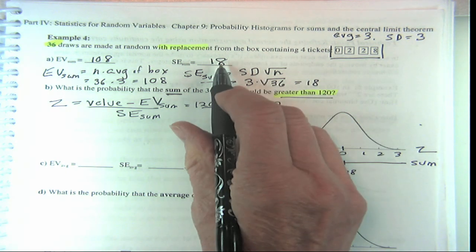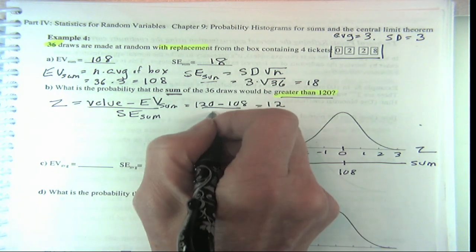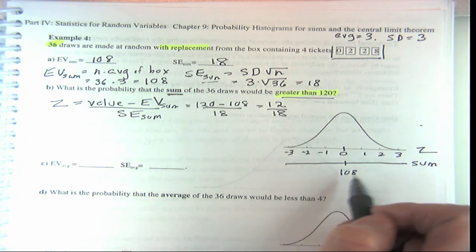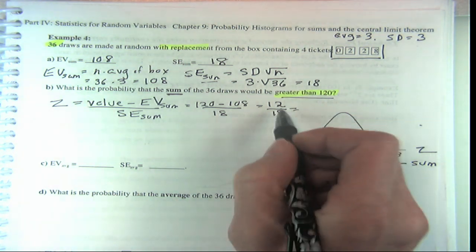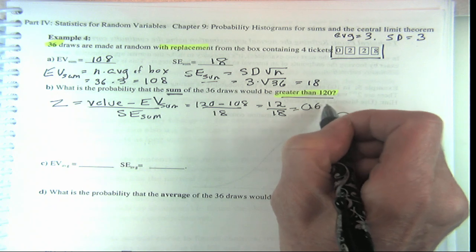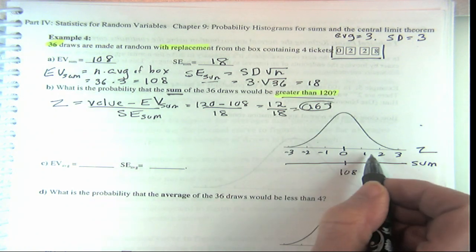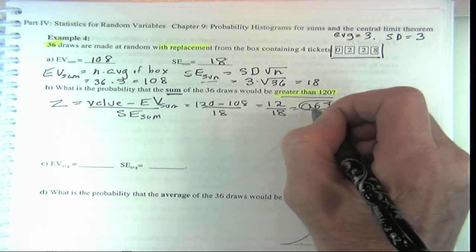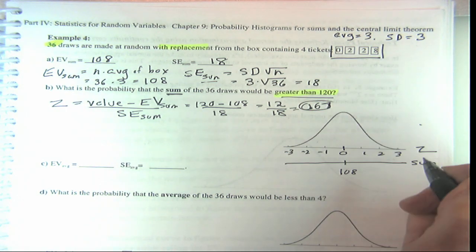Well, each standard error is 18. So 120 is just 2/3 of the way over towards the standard error. It's a z-score of 0.67, 2/3.